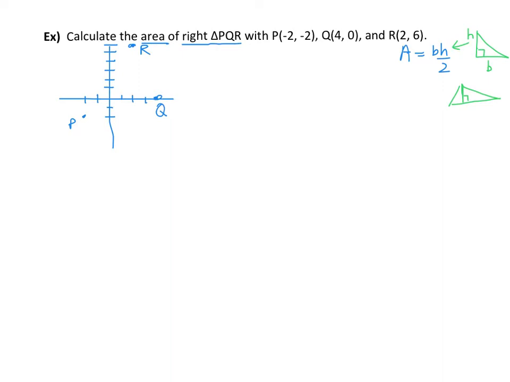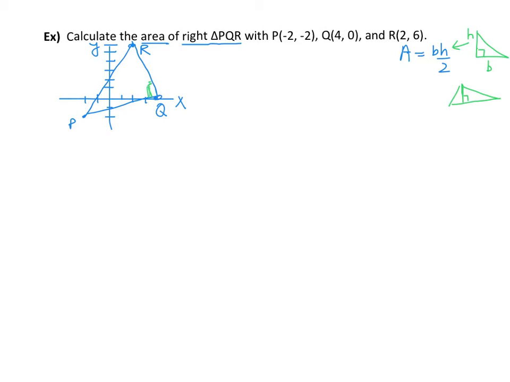All right, so now I'm going to join these together and get an idea of what this triangle looks like based on my sketch. All right, and hopefully yours looks a little better than mine. Mine's pretty wonky. All right, now based on what I have here, and what my diagram looks like, I'm hypothesizing here, I'm making a conjecture based on my diagram, I think that my right angle is where PQ meets RQ.